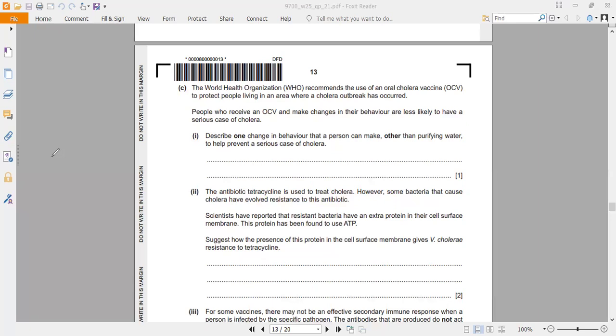So we can write washing hands with soap after using the toilet.